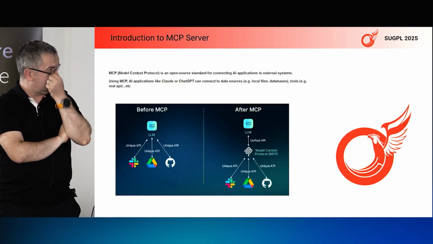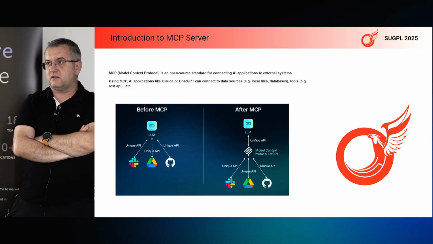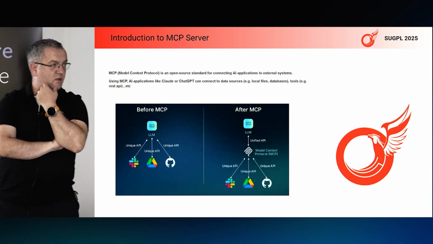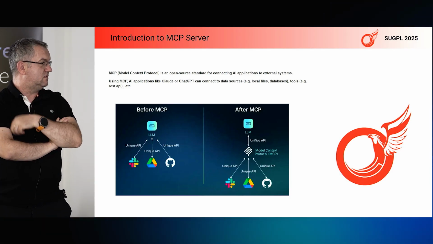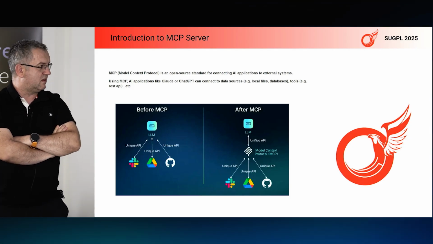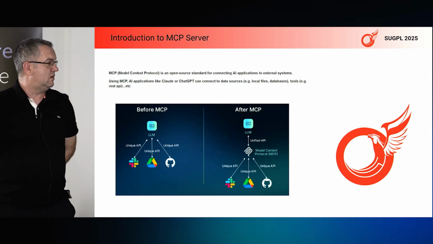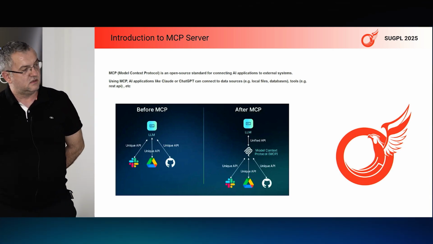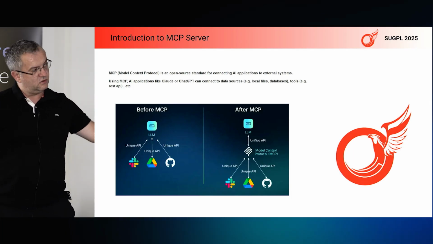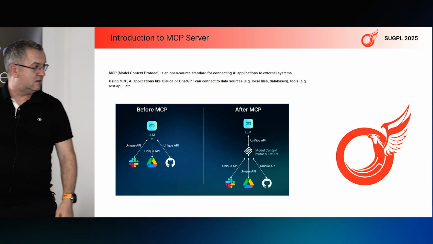So Model Context Protocol was built by Anthropic just last year. It was released, I think, in November 2024, and it's an open source standard for connecting AI applications to external systems. So using MCP, AI applications can talk with data sources like local files, databases, and tools, for example the REST API.